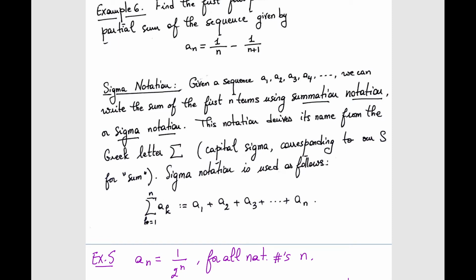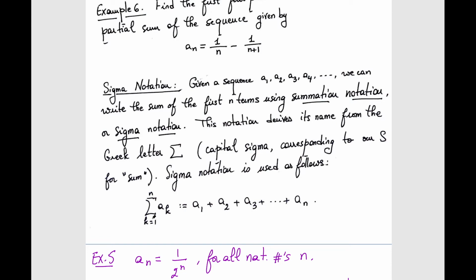Sigma of A_k, k goes from 1 to n, means it's the sum of the first n terms. So it's the sum of the terms A1, A2, A3, and so on. Correct? So again, this is a sigma.